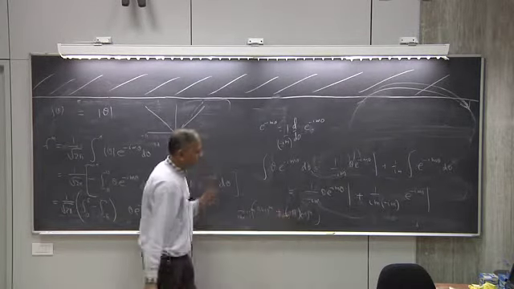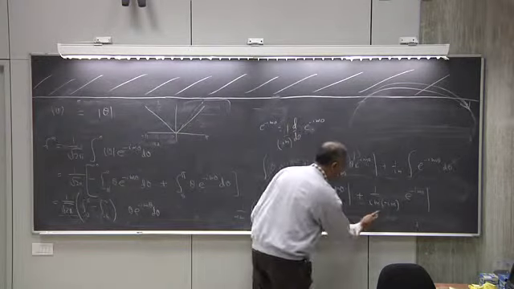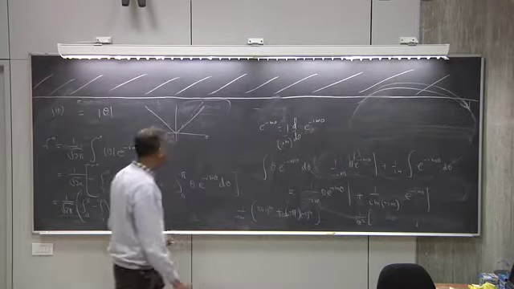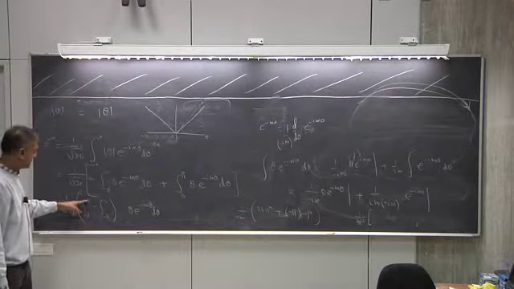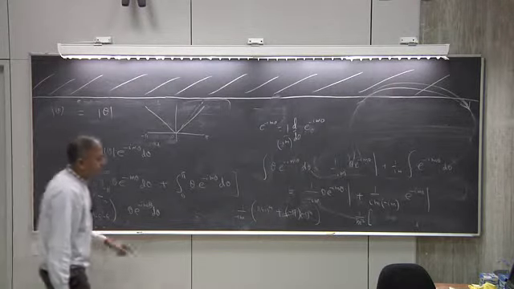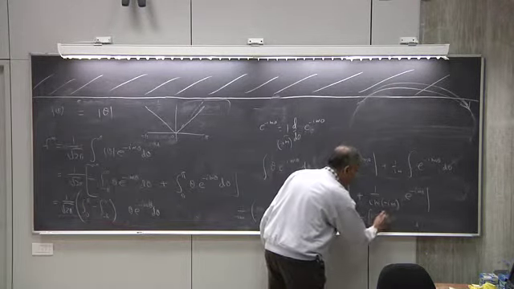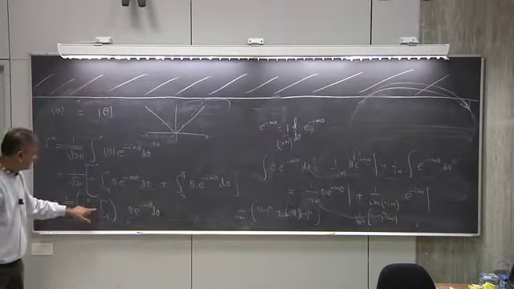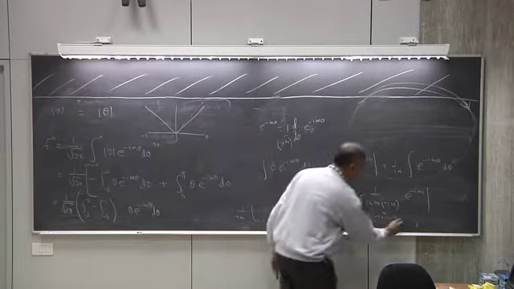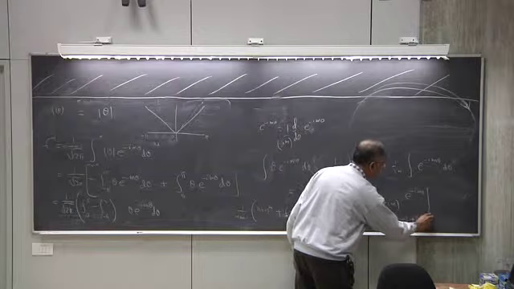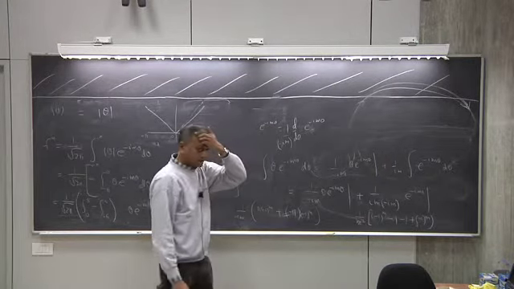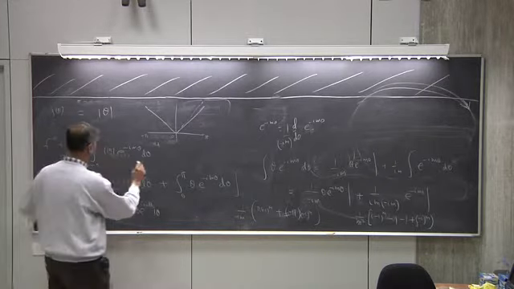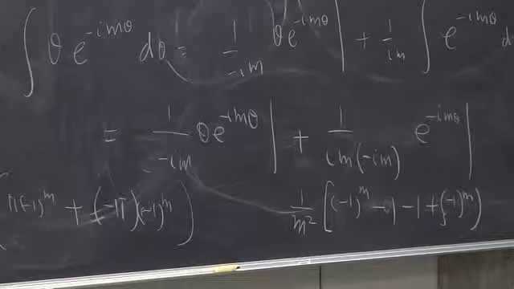So the first term vanishes because these two cancel. And the second term gives us, first of all, a 1 over m squared from here. And again let's compute this. The upper limit gives you minus 1 to the m. The lower limit gives you 1. So this is minus 1 to the m minus 1 from the first boundary integral, and from here you get a minus 1 again plus minus 1 to the m. So the conclusion is, this integral I have done for m not equal to 0.